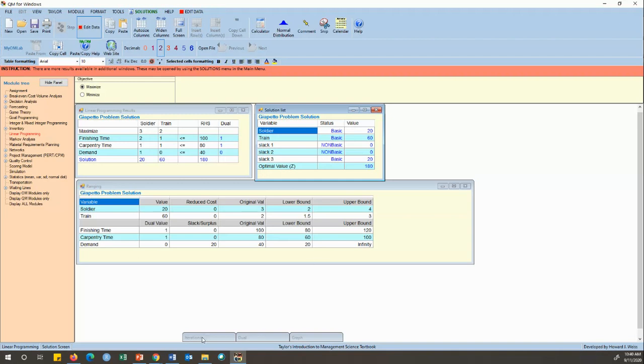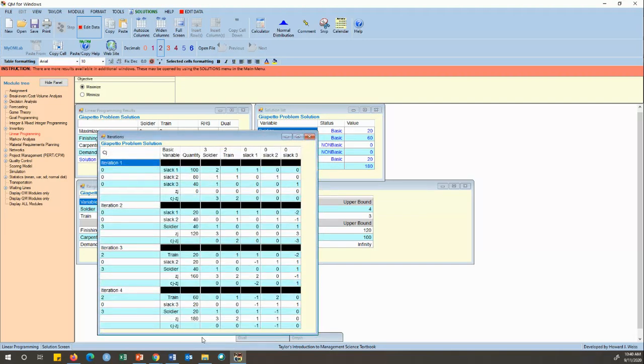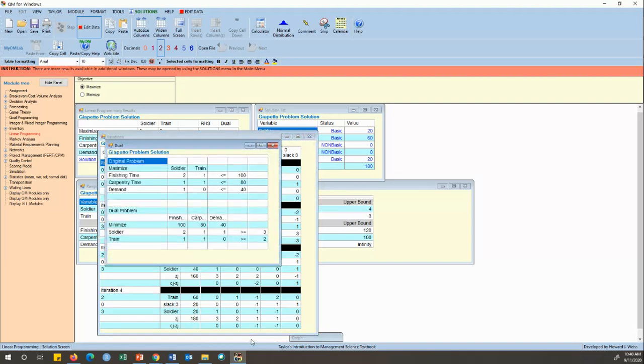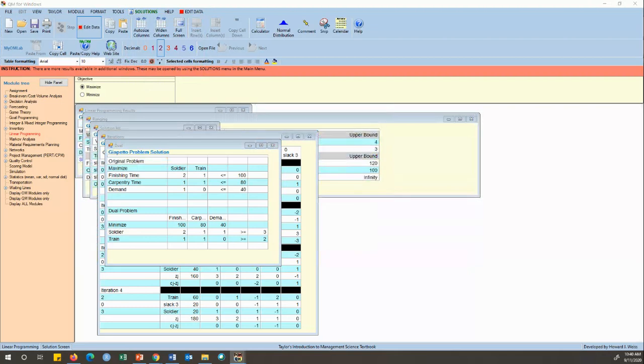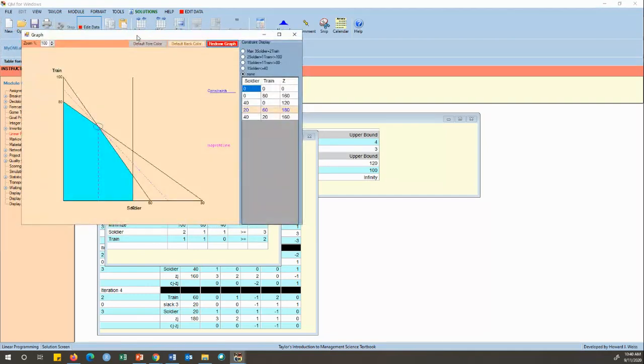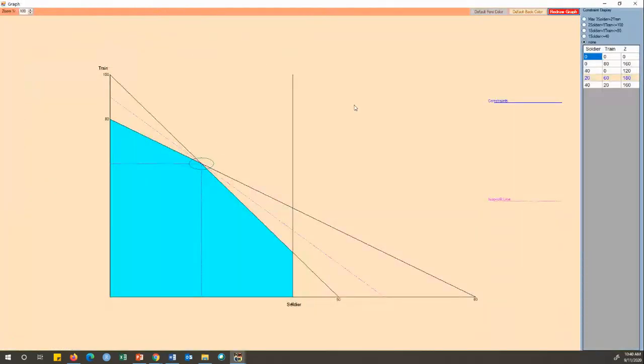In case you want to know about your iteration, you can check this one, and then the dual. What's more important is this. They give you the graph. Where is the graph? I cannot get the graph. Oh, over here, sorry, I have two different screens.